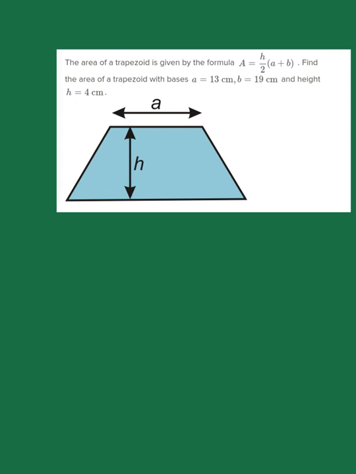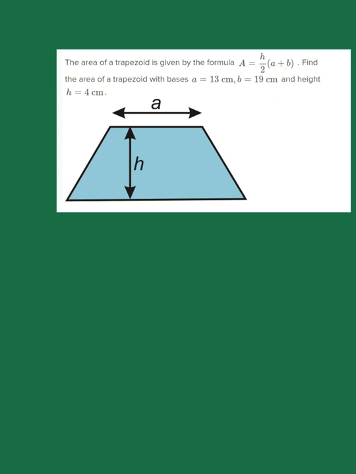Okay, here's another kind of evaluation. It says the area of a trapezoid is given by the formula A, which stands for area, equals the height divided by 2 times a plus b.